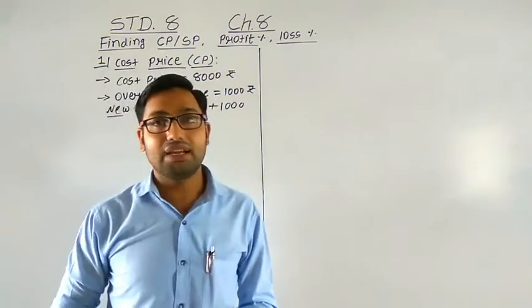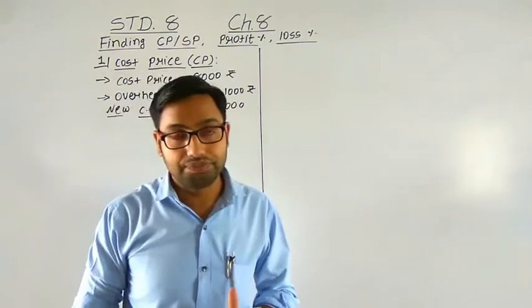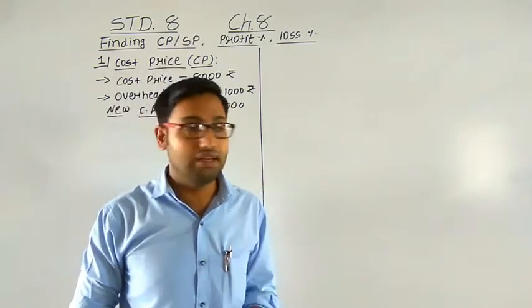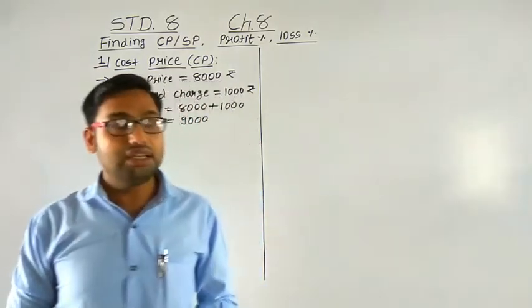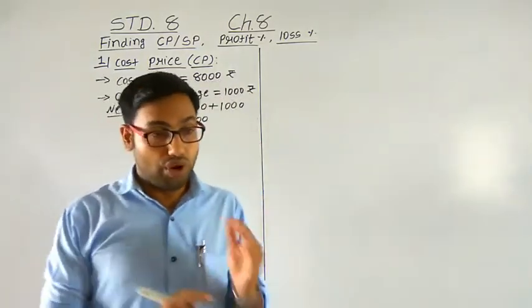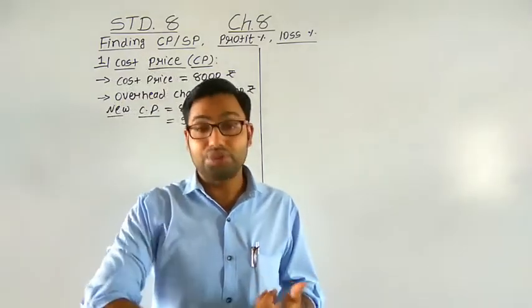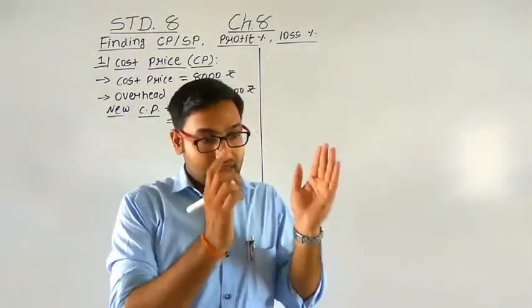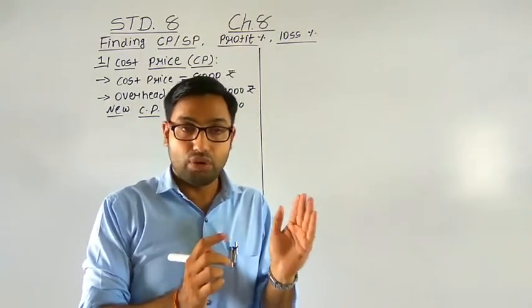In the same way, let's take a new situation. Suppose you purchase a bicycle for rupees 10,000, and it gets punctured. You have to pay rupees 50 to repair it. The 10,000 you purchased it for is the old cost price.